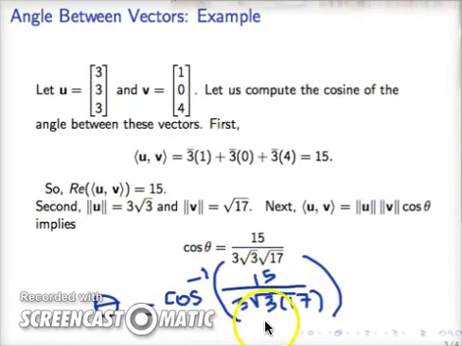And this would give an expression for a real number, and that would be the value of that angle in radians. If you would like to know what that value is in degrees, then you have to do a little bit of a conversion.